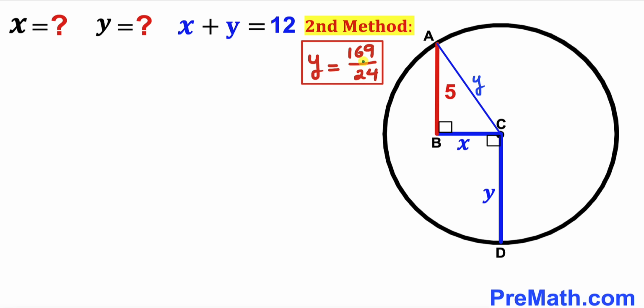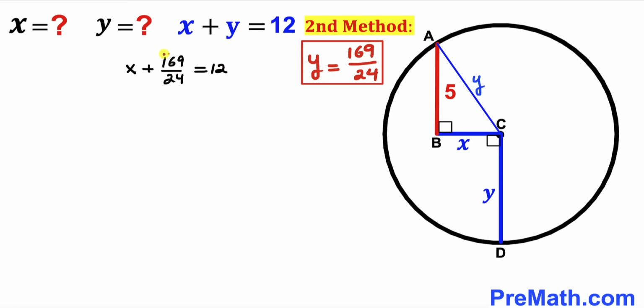And now I'm going to substitute this y equals to 169 divided by 24 value in this equation to solve for x. So therefore we could write x plus 169 divided by 24 equals to 12.